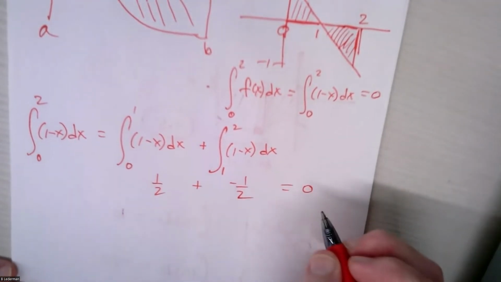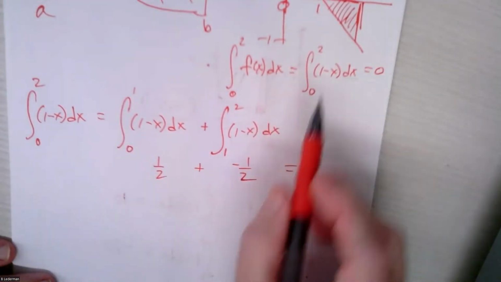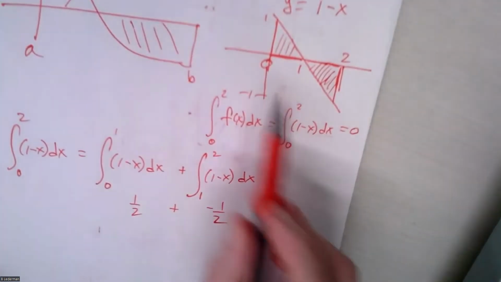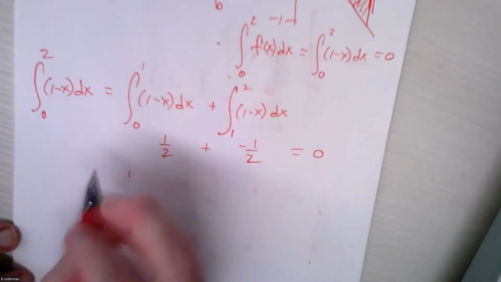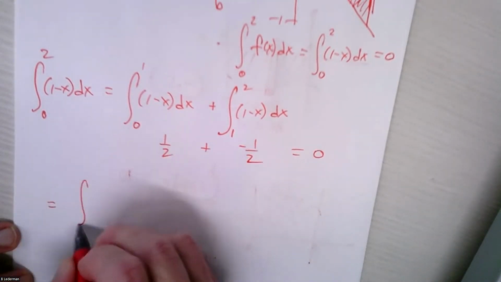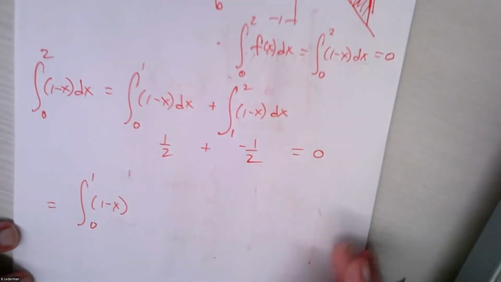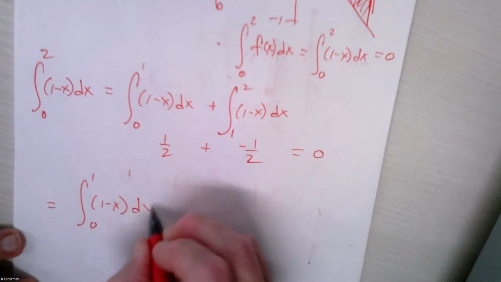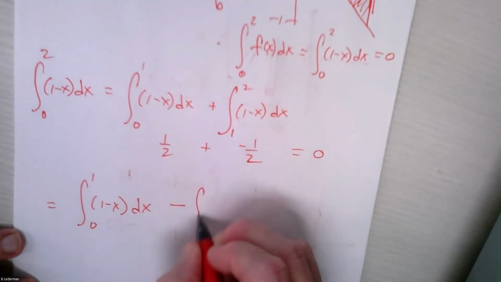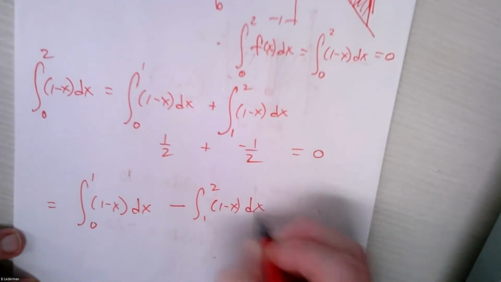So there are two ways you can write this. If I want to know the actual area, how much carpeting am I going to need to carpet this, I have to write it like this: the integral from 0 to 1 of 1 minus x dx, minus the integral from 1 to 2 of 1 minus x dx.